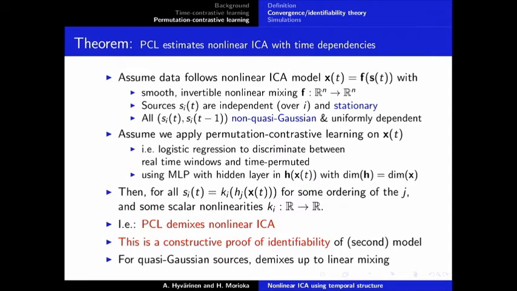Actually, we can prove that for quasi-Gaussian sources, including the case of Gaussian sources, the PCL will demix the nonlinear mixing up to an unknown linear mixing, just like in the case of the previous method. And then if you make some further assumptions, perhaps you can actually even estimate that linear mixing.